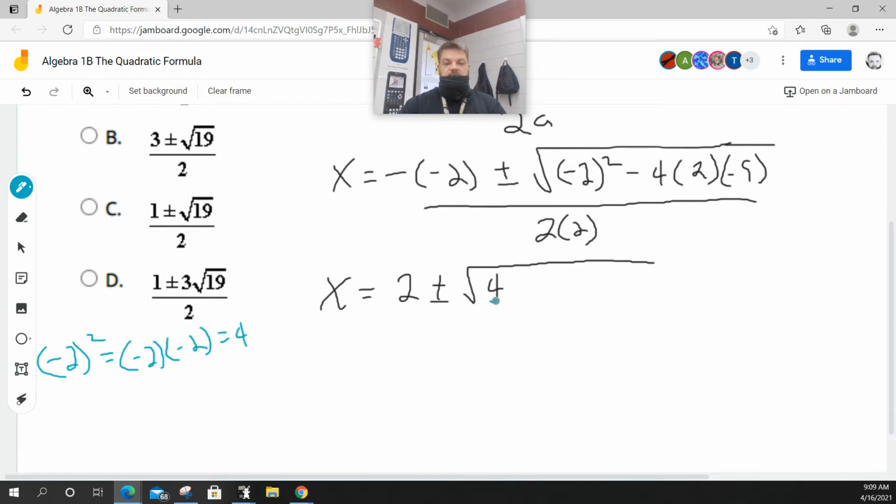So that's where this comes from. 4 times 2 is 8, so this is like negative 8. Negative 8 times negative 9 is a positive 72, all over 2 times 2, which is 4.